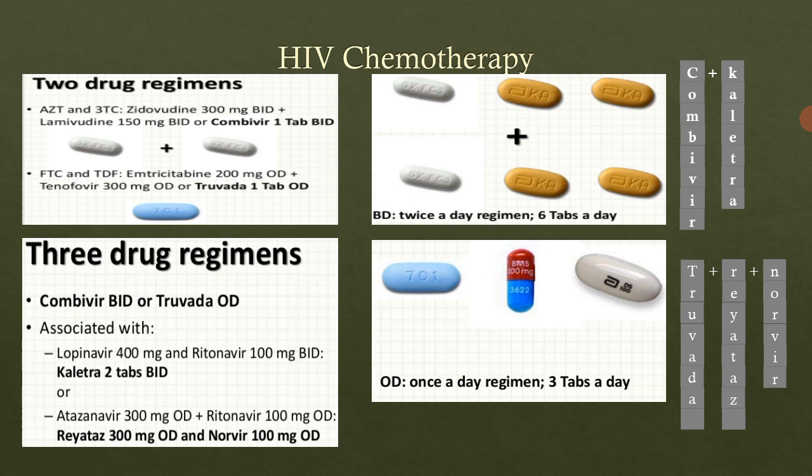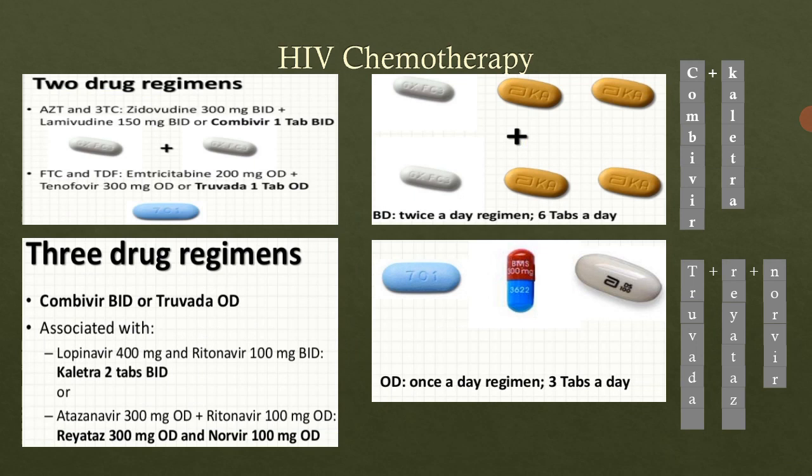So that is the Combivir and the Kaletra drug, the two drug regimen. The doses of each drug can be different, but the number of drugs is two.